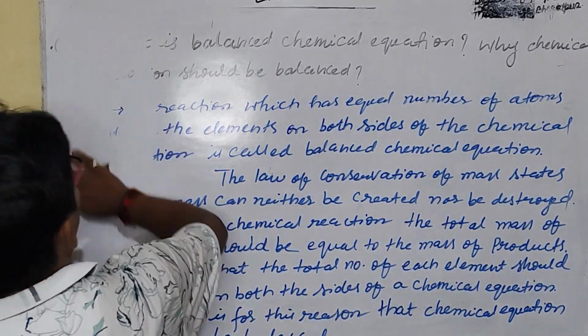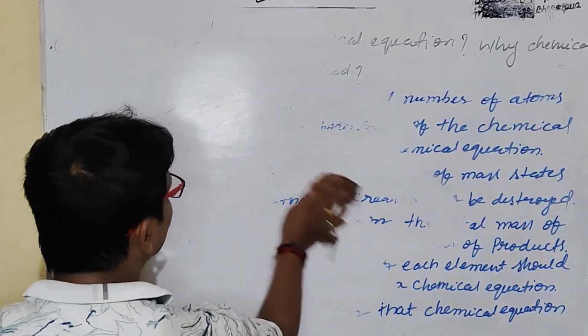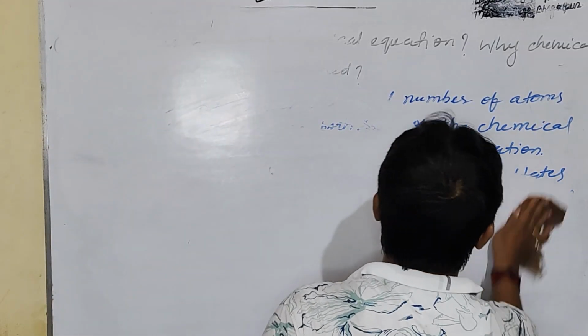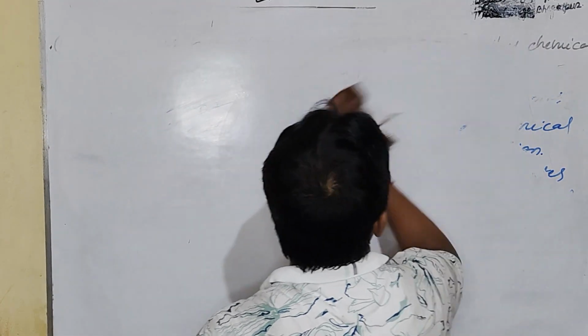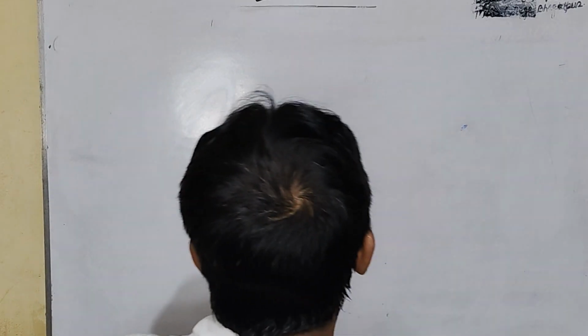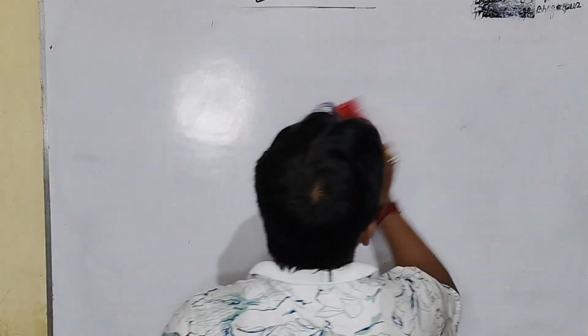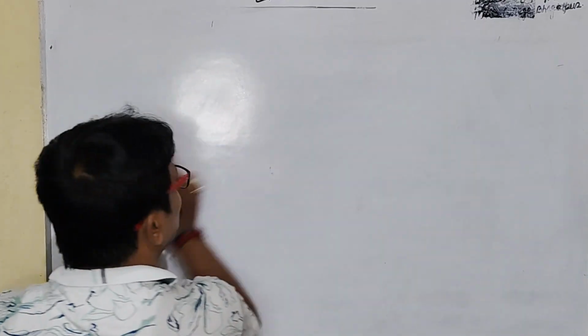This is question number 5. Let's start question number 5, which is all about balancing the chemical equation. You have already read during the chapter what the methods of balancing are.